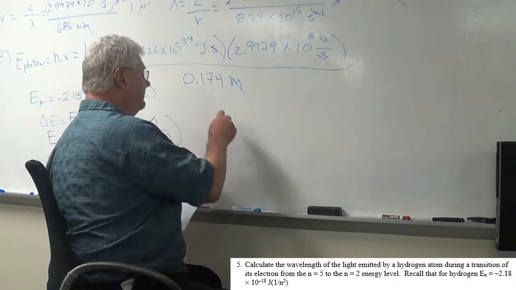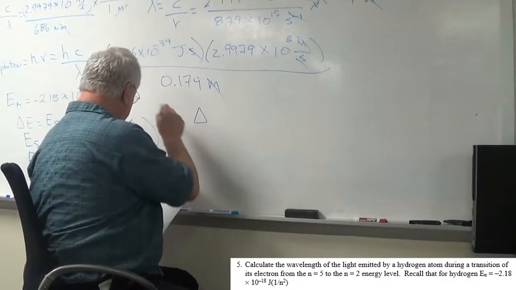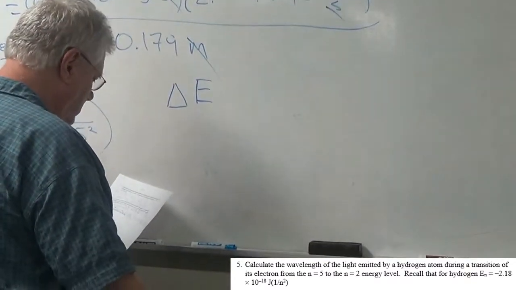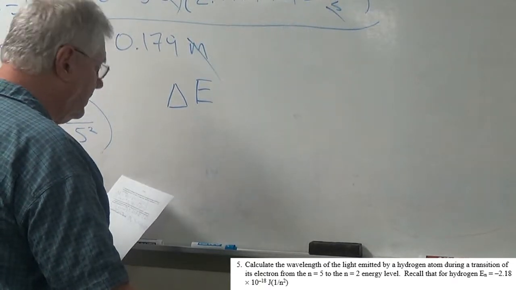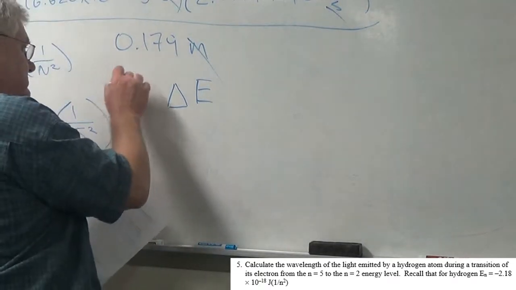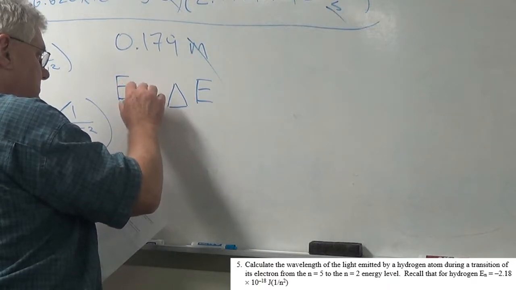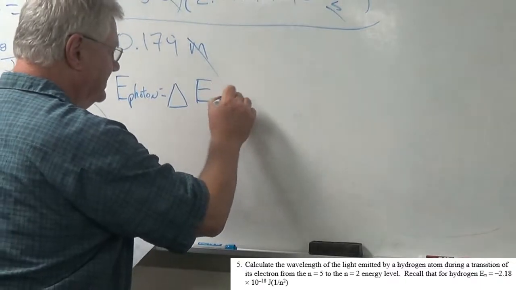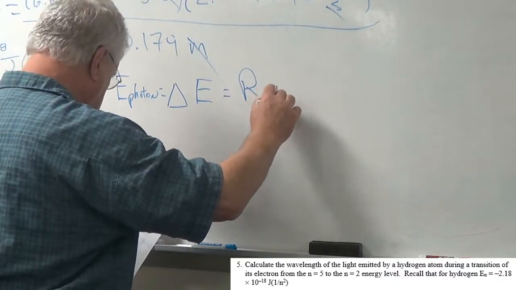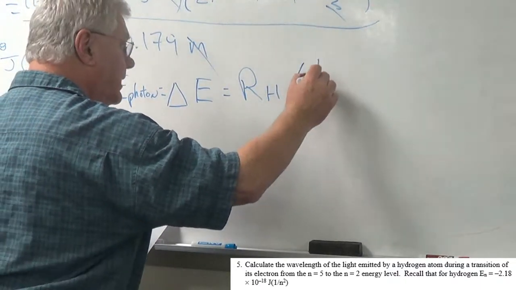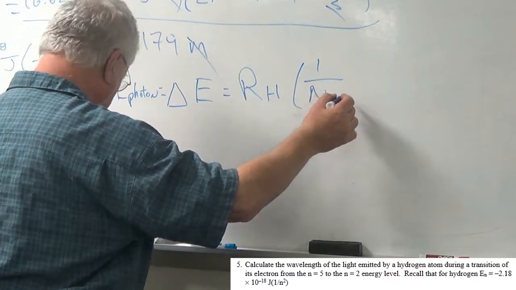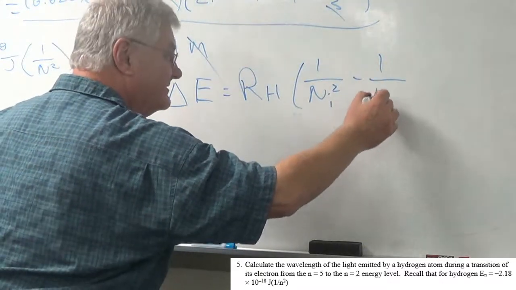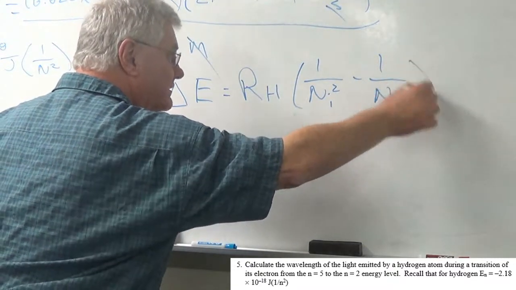Or there's another way of doing it, it combines these two terms. This change in energy, which is the energy of the photon, is equal to the Rydberg constant times 1 over the initial quantum number squared minus 1 over the final quantum number squared.